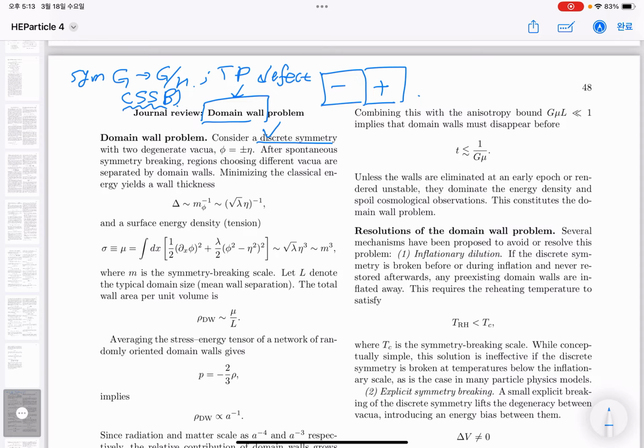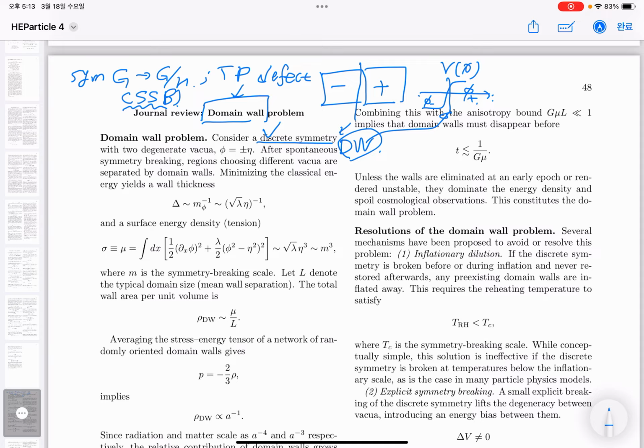The boundaries between the two regions correspond to the domain wall. Because the two regions have different vacuum expectation values and potential energy, around the domain wall there is some energy with some tension.